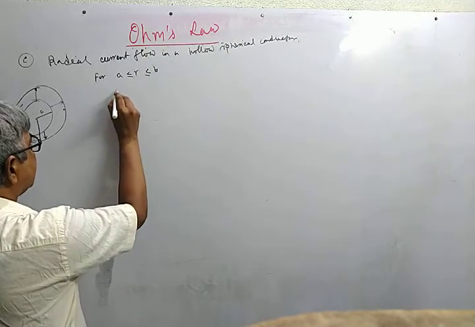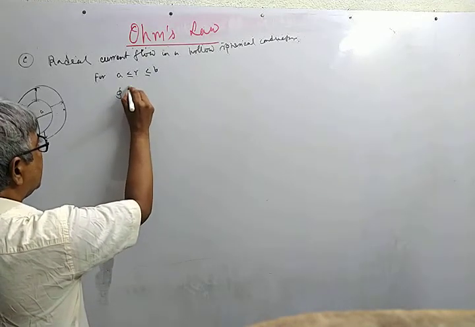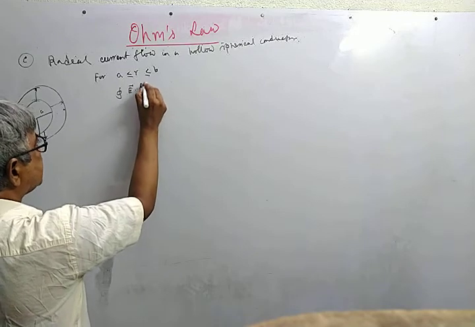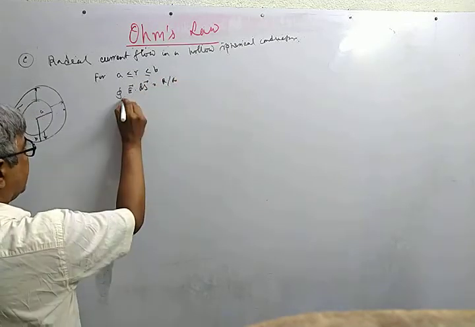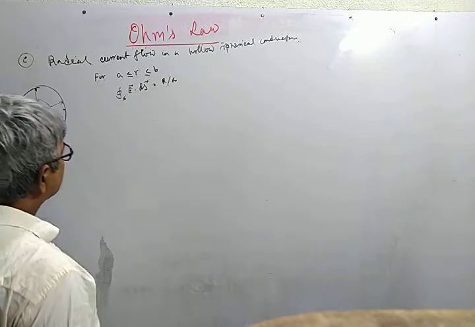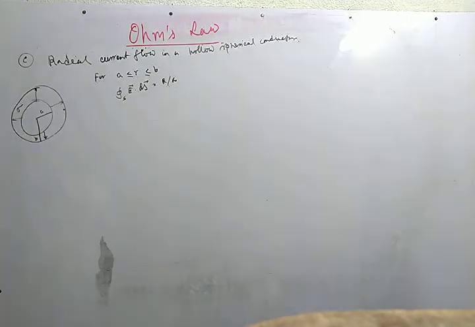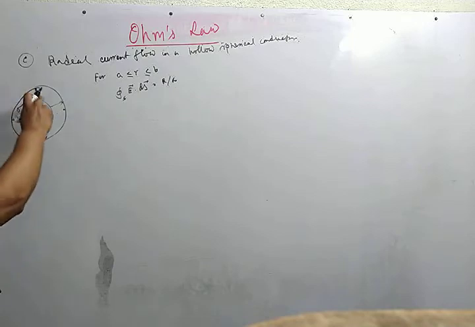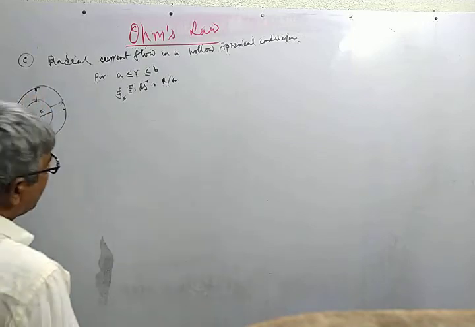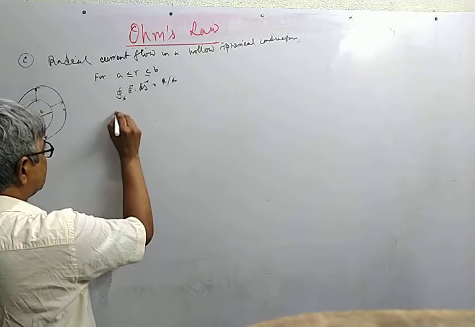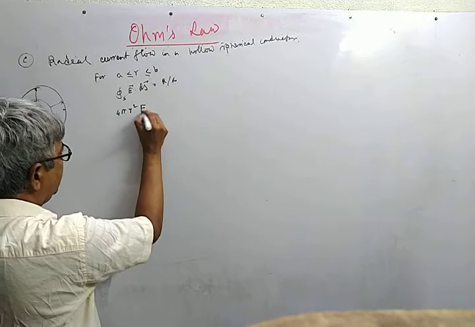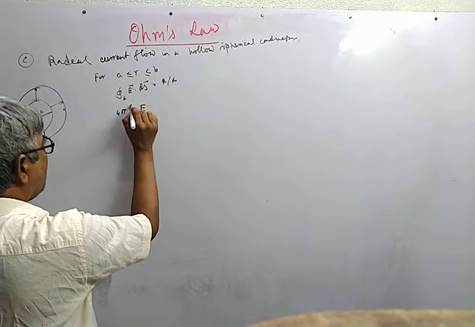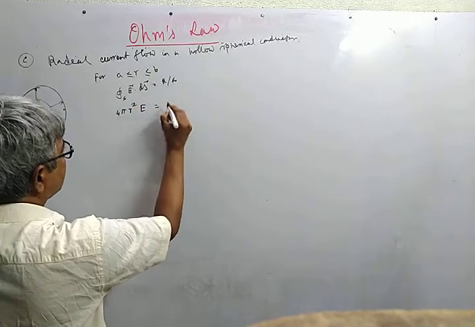So this part is E dot ds is equal to Q by epsilon naught, where as the Gaussian surface we consider a sphere concentric to the shell and having radius r. So this is 4 pi r square E.